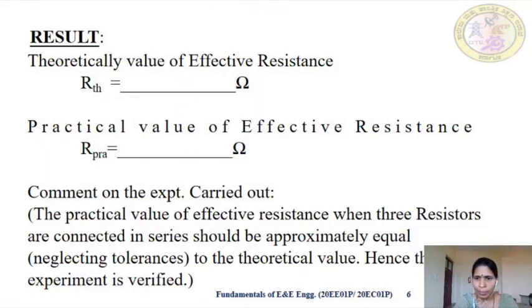Comment on the experiment carried out: the practical value of effective resistance when three resistors are connected in series should be approximately equal to the theoretical value. Hence, the experiment is verified.